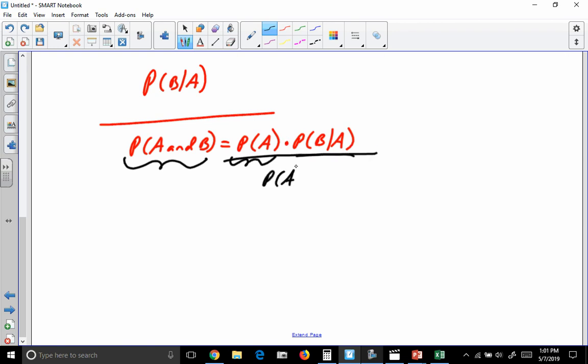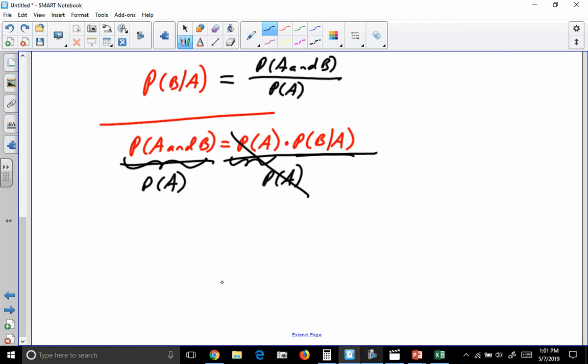So if we divide both sides by A, then the book is going to tell us that the probability of one event given the other one is the probability of both events divided by the probability of one of those events. And that is perfectly okay that you write that formula down.